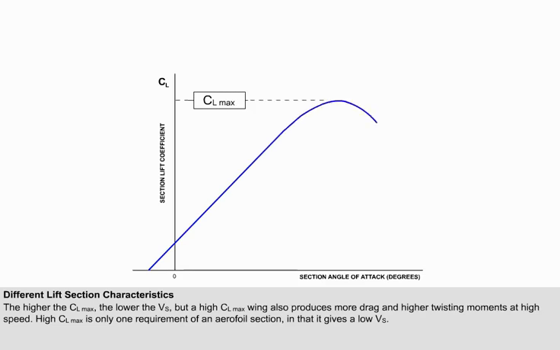The greater it is, the lower is the minimum flight speed or stall speed, VS. However, the thickness and camber required for the low VS will also produce more form drag and larger twisting moments at high speed. A high CL max is only one of the requirements for an aerofoil section, but its main point is that it gives a low minimum flight speed.